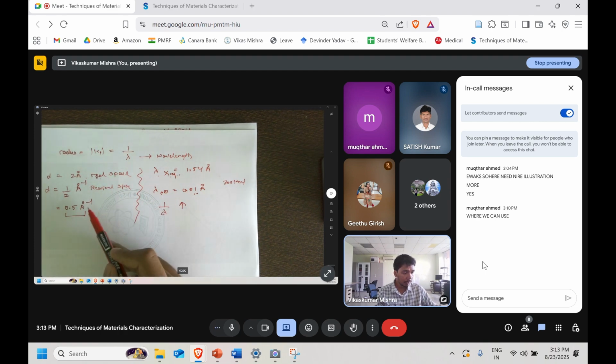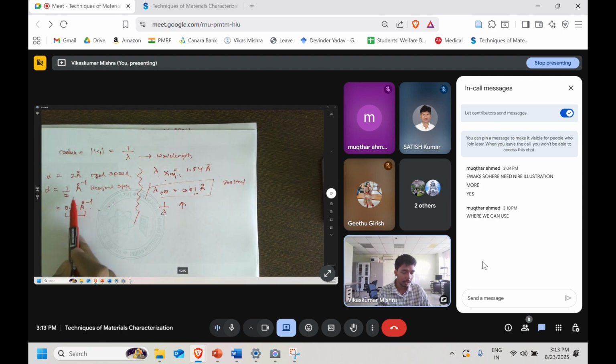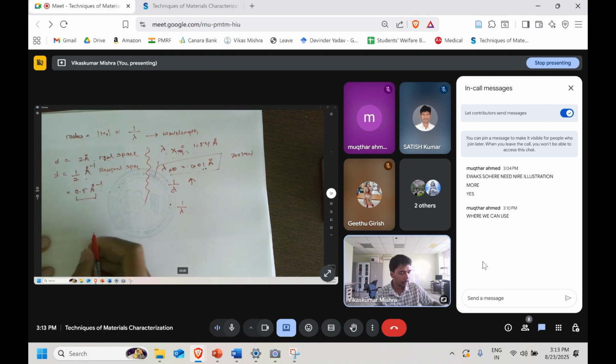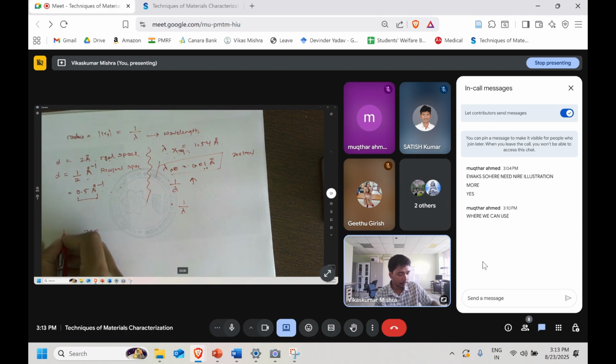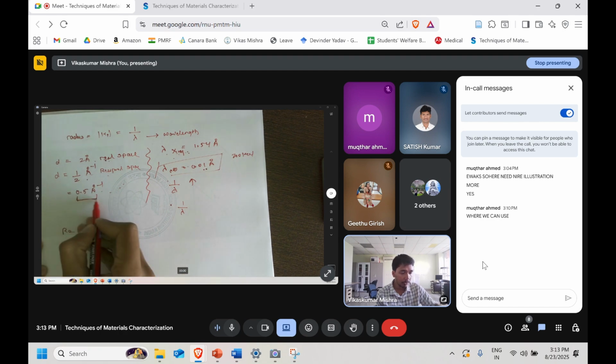With X-rays they were comparable, so their reciprocal space is also comparable. But here they are not comparable. The lambda is very small compared to the d spacing, so in the reciprocal space our 1 over lambda will be quite large. Let me give you a rough estimation: the radius of the Ewald sphere will be 200 times more than the d spacing of 0.5 angstrom inverse in the reciprocal space.